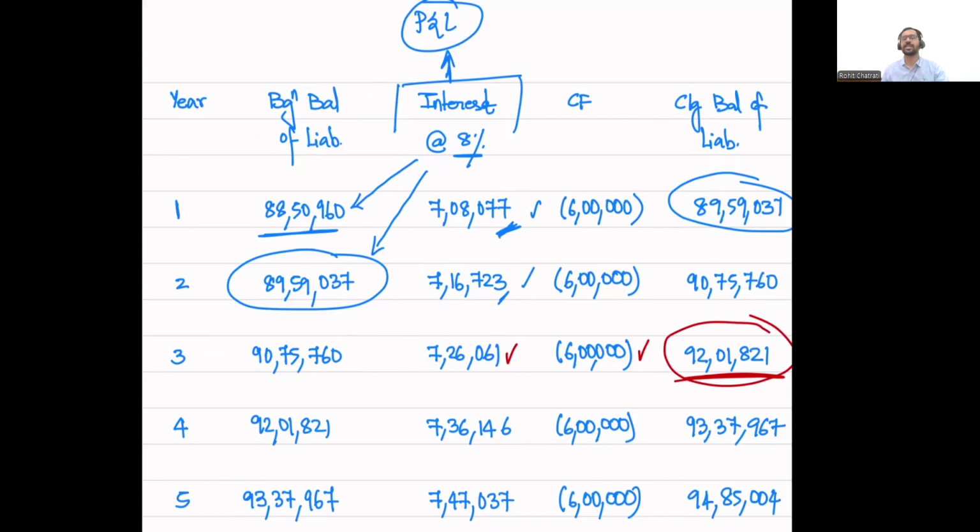How do you de-recognize a liability? A liability usually has a credit balance. Remember, this 92 lakhs is a credit balance. It's a liability on your balance sheet. For you to de-recognize the liability, to remove the liability, you have to debit it. So you have to debit the liability by 92 lakh 1,821.